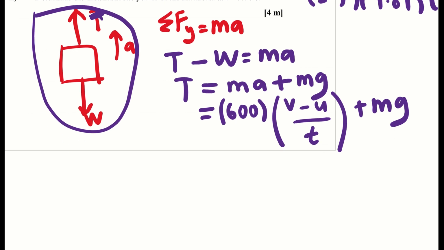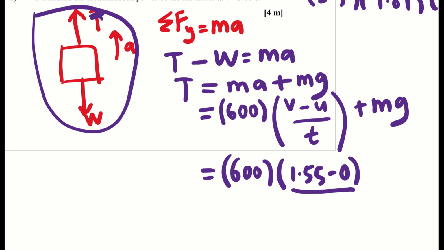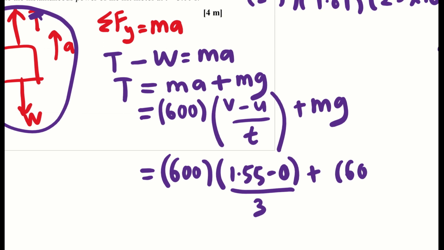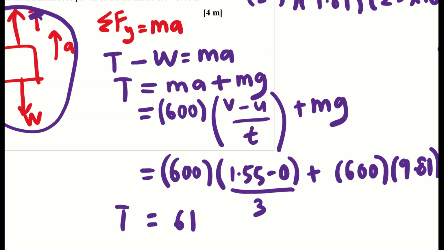One more time, we do the substitution: 600, the velocity is 1.55 minus 0, time given is 3, plus again the mass 600, times 9.81. You finally will get T is 6196 Newton.